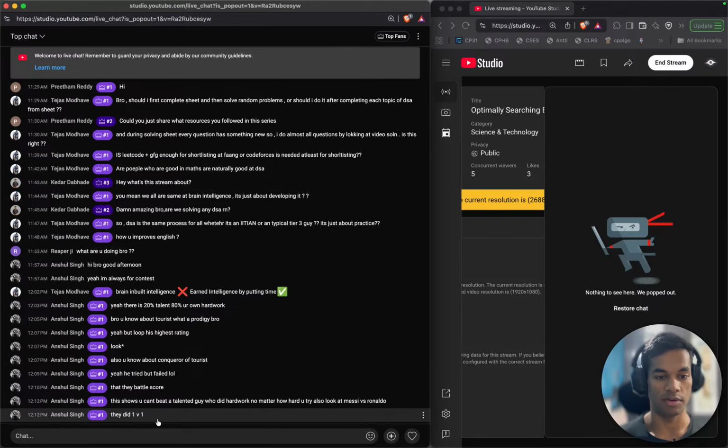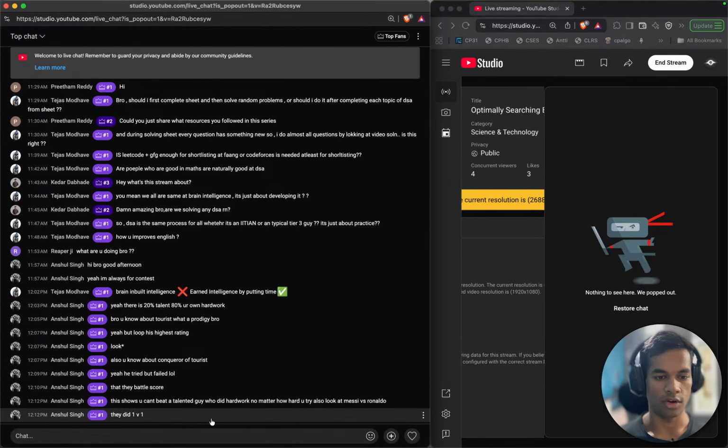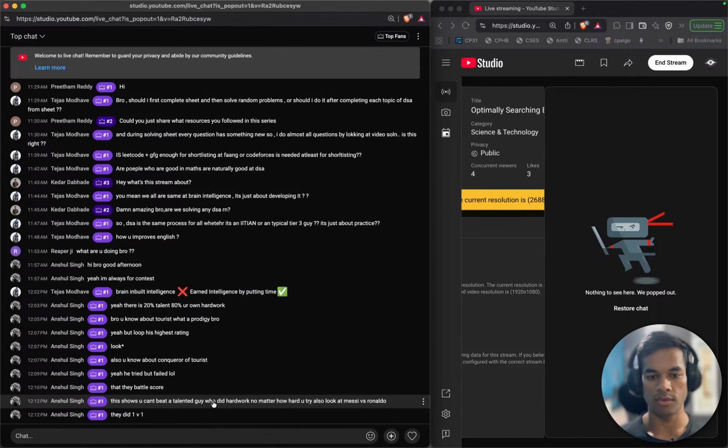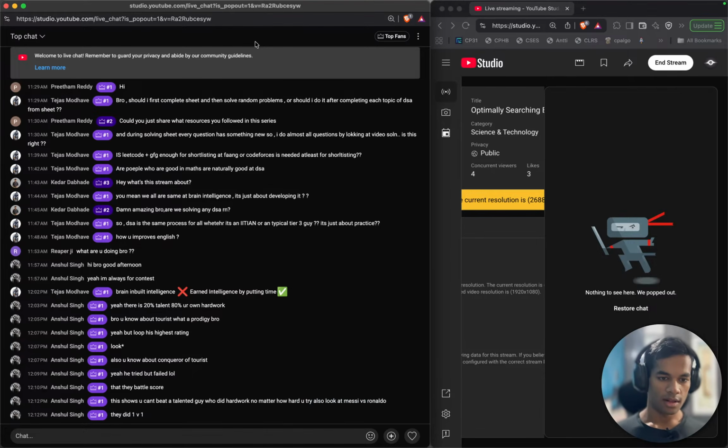They did 1v1. That is cool. This shows you cannot beat a talented guy who did hard work, no matter how hard you try. Also, look at Messi versus Ronaldo.